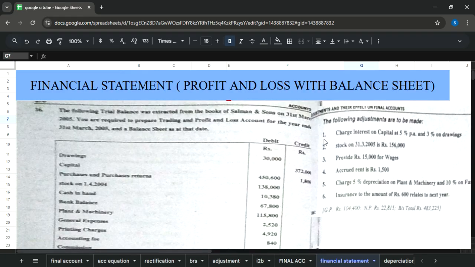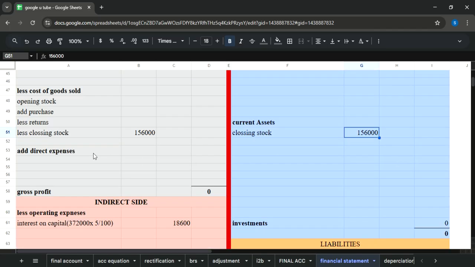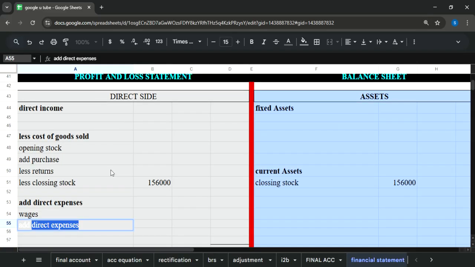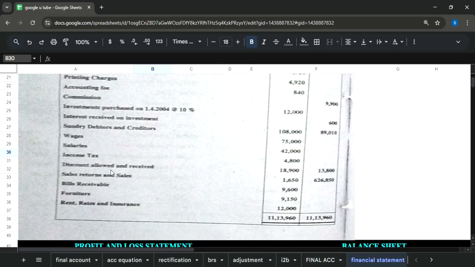Now we will see our third adjustment: provide 15,000 for wages. Wages are direct expenses. You will come over here. First, you will write wages, and then you will add outstanding wages, and the amount of wages which we have seen.